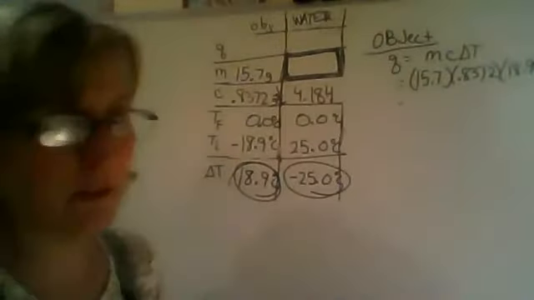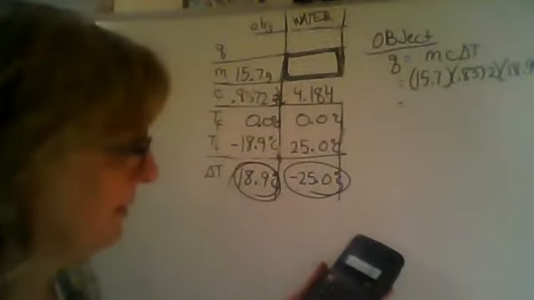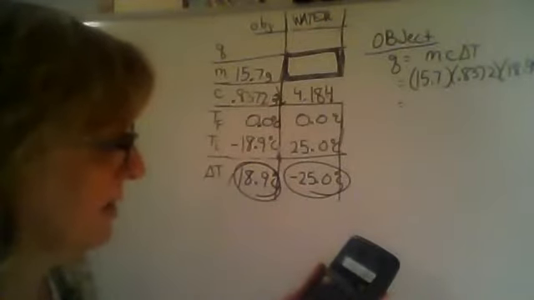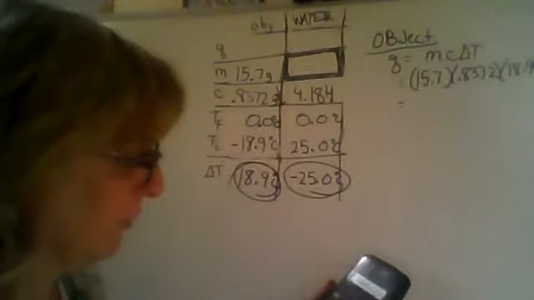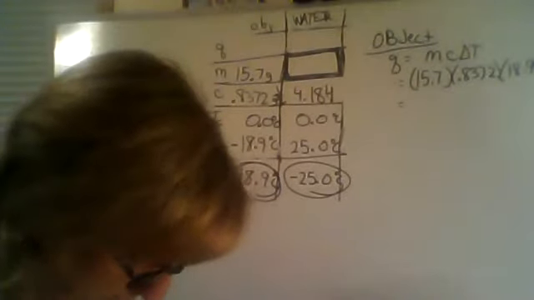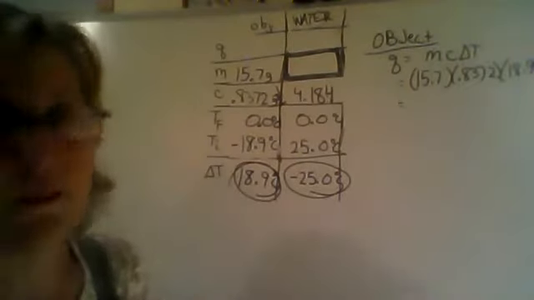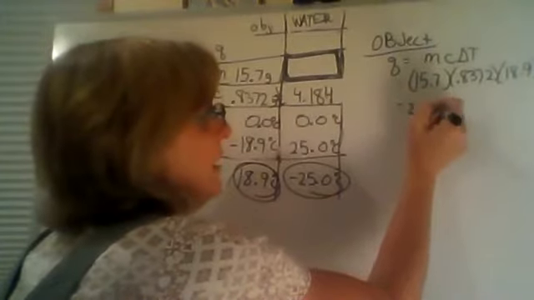We just have to calculate it. 15.7 times 0.8372 times 18.9 equals 248. Check that. Yep. Okay, so we entered that, and I get 248.